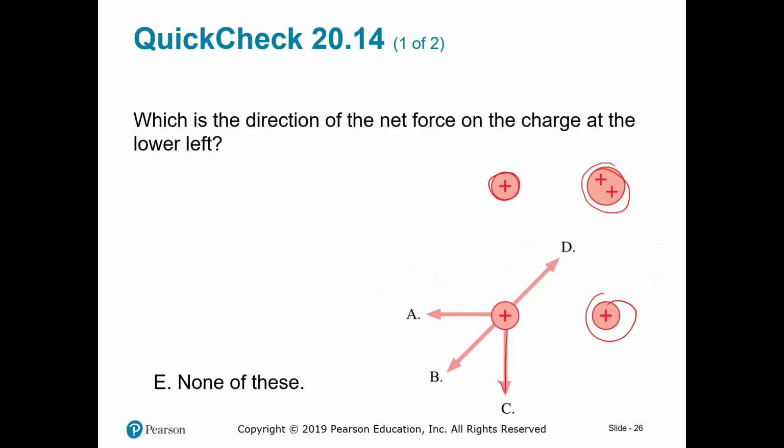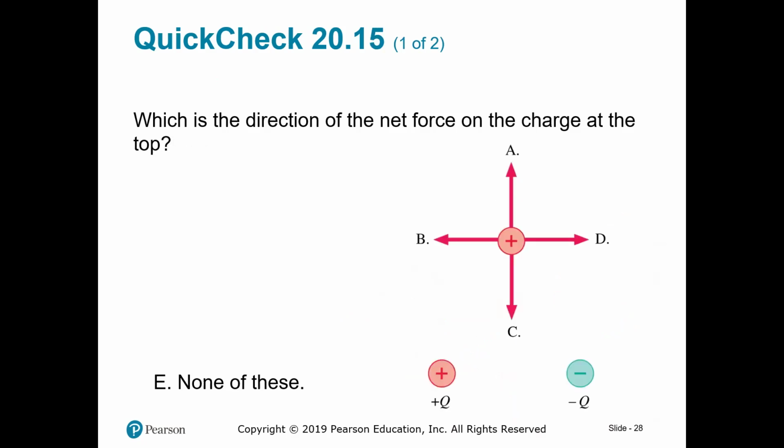This force is due to charge number 1, because this is plus plus, so you have a repulsive force. And then due to this proton, you have a repulsive force to the left. And then due to this proton, you have another force in this direction. But you see the vector sum of A and C is also along the B vector, right? So basically you're adding 2 vectors along the B line. So your final answer will be B.